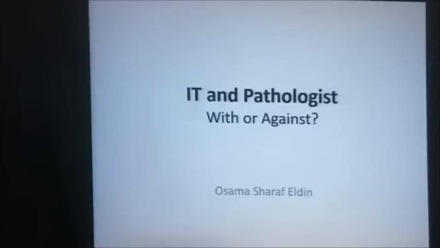Okay, the other challenge is actually coming from biomedical scientists. Those who are working in the biomedical system have their view that, okay, we can replace the pathologist by technology. For example, if you give one slide to a pathologist and then you give the same slide to another pathologist, you will find different opinions.